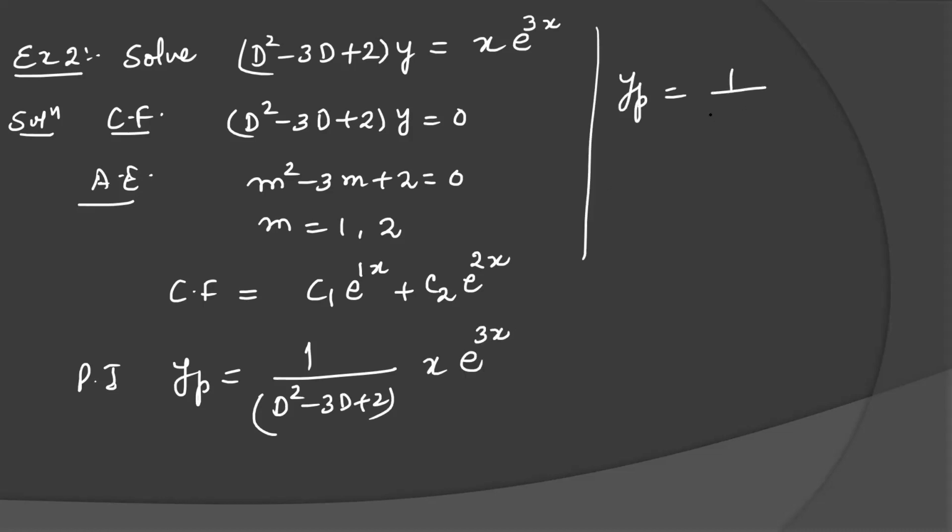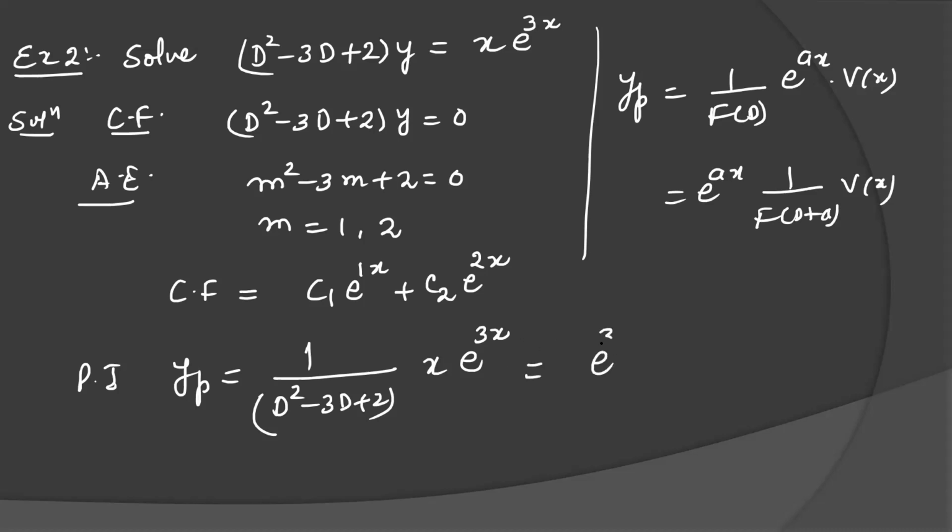I told you the result is 1 over F(D) e to the power ax into V(x). It is equal to e to the power ax outside, 1 over F(D plus a) into V(x). Here a equal to 3 and V(x) is x. So e to the power 3x is outside. We will replace D by D plus 3. So (D plus 3) whole square minus 3 (D plus 3) plus 2 into x.